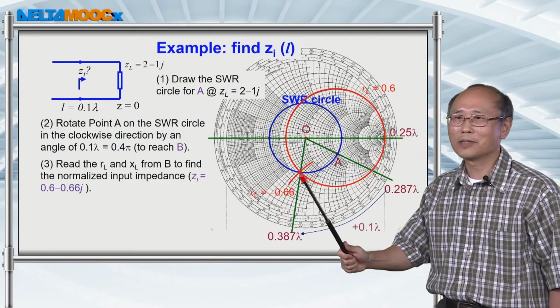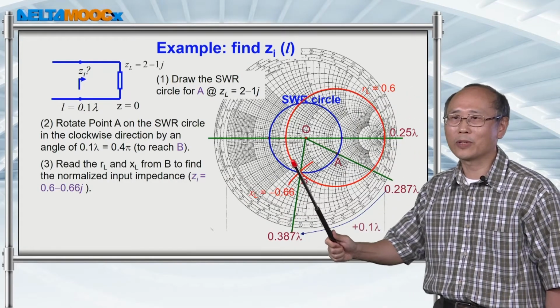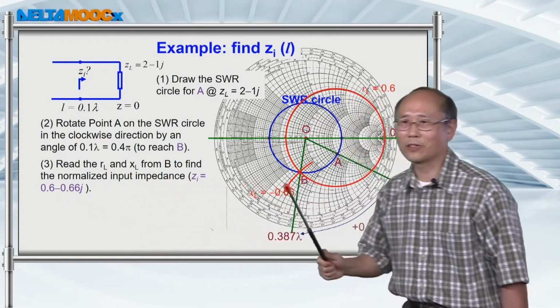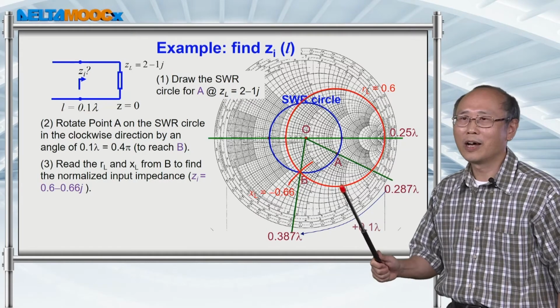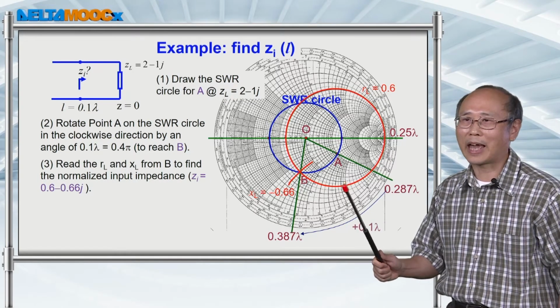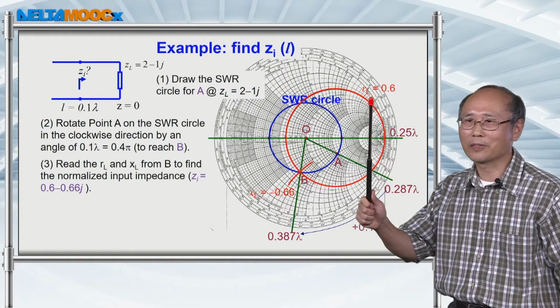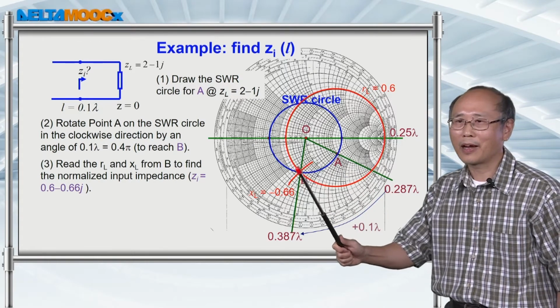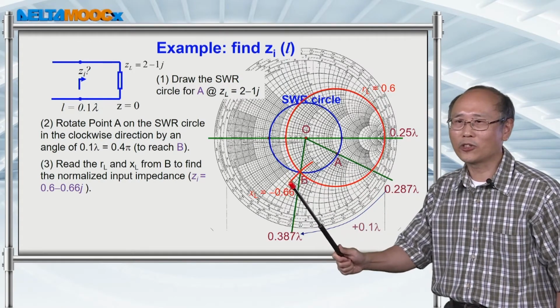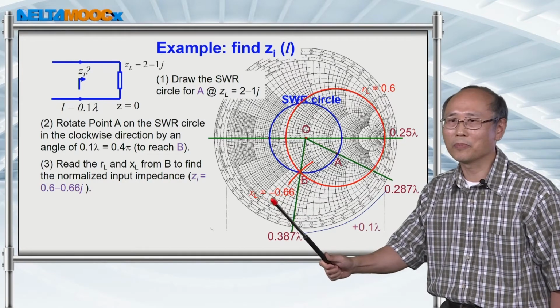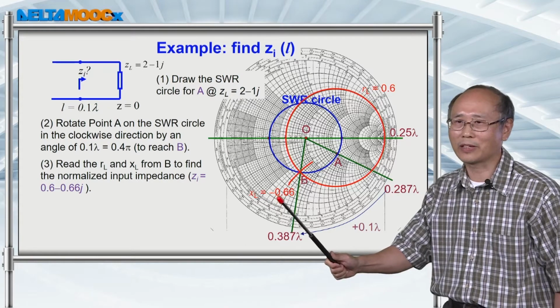So this B intercepts with the RL equal to 0.6 circle. So this red circle is the gamma values subject to RL equal to 0.6. And this branch of the circles corresponds to XL equal to minus 0.66.